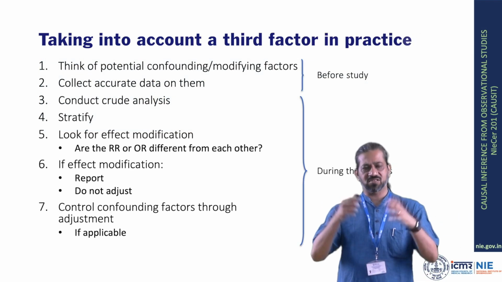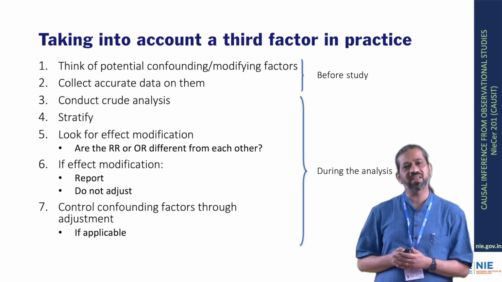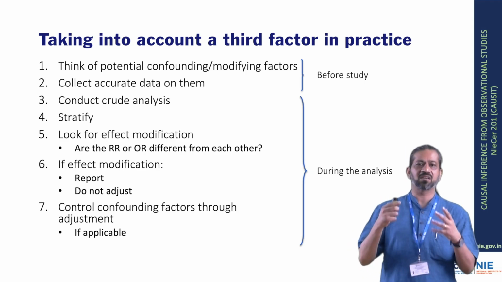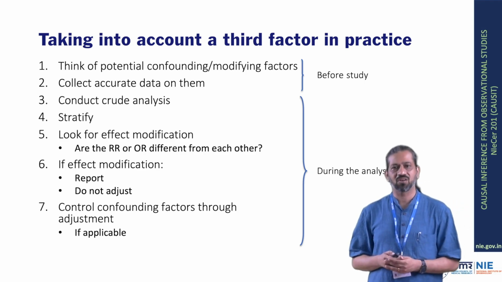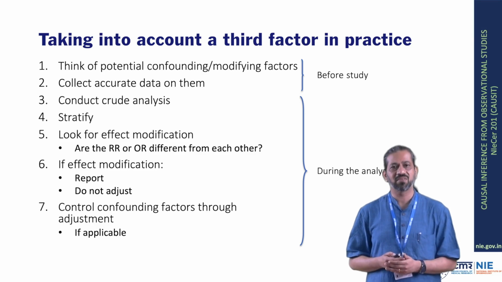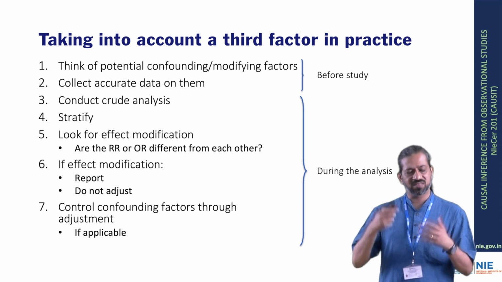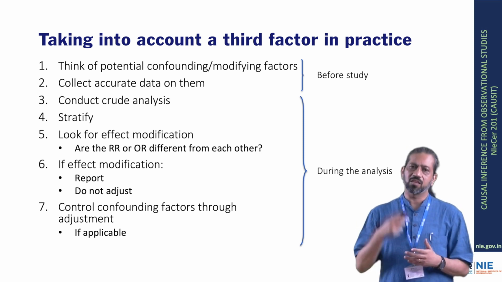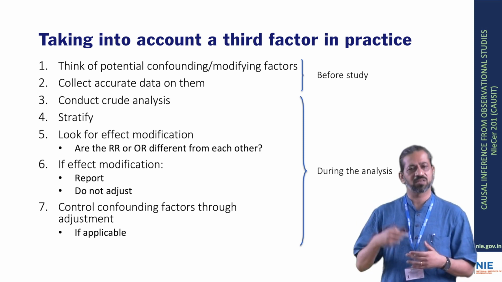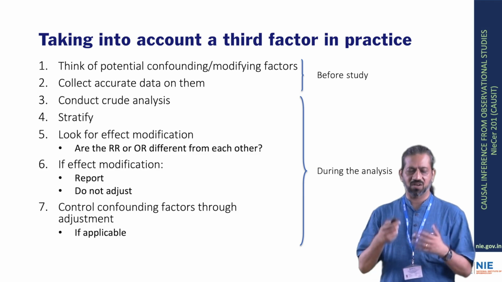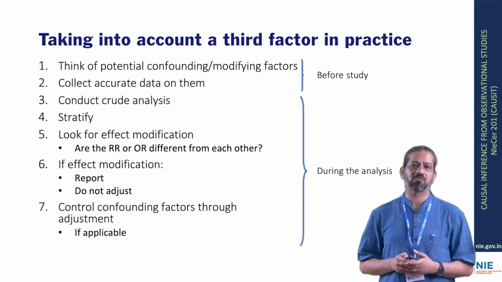So if we have to summarize, basically, how do we take into account whether a third factor is a modifier or a confounder? Essentially, we have to start when we are designing the study or writing the protocol with thinking about what could be the potential confounders or the potential modifiers for our exposure and outcome of interest.